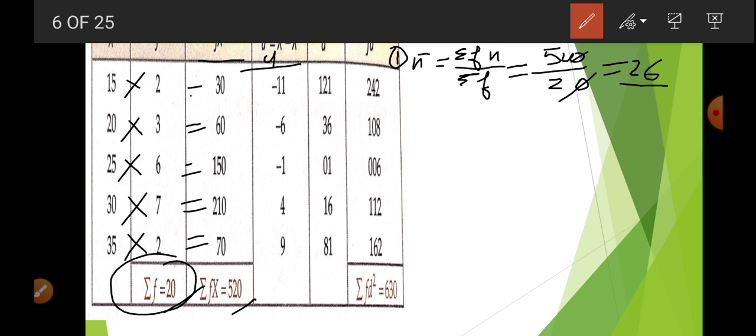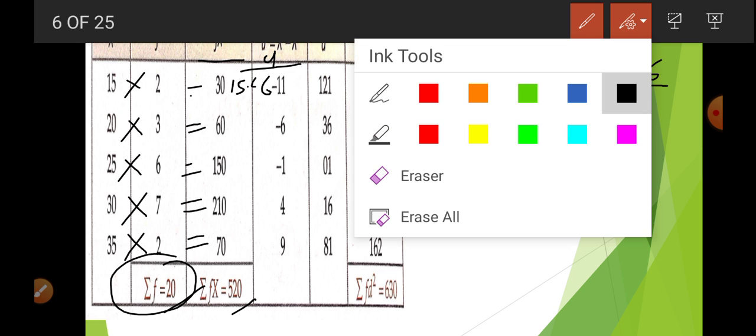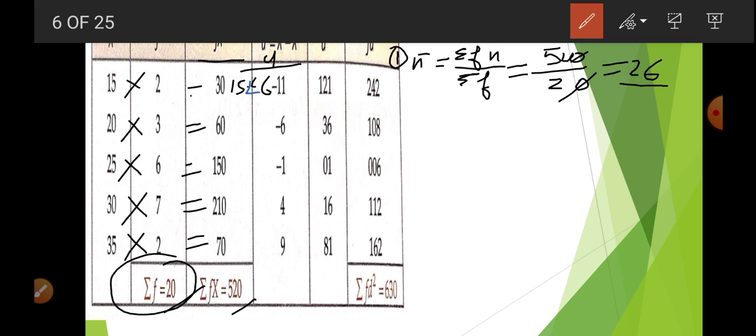That is, we are going to subtract: 15 minus 26, then 20 minus 26, then 25 minus 26, then 30 minus 26, then 35 minus 26. In this way we are going to get the value of d.